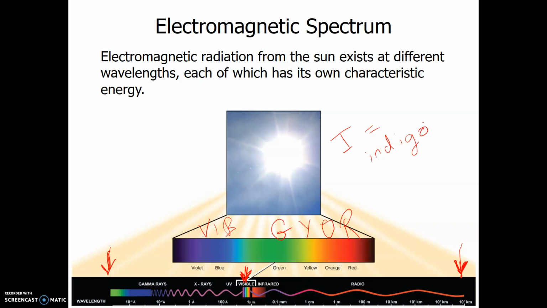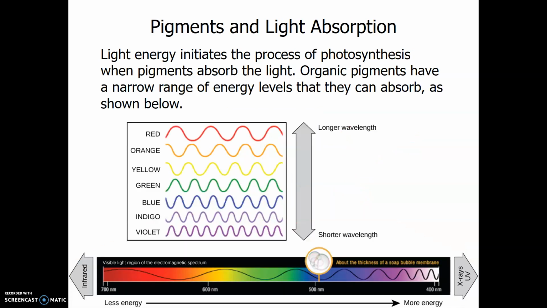Okay, so the colors from the shortest wavelengths to the longest wavelengths: the colors on the left end have the shorter wavelengths but the greater energy. And then red would have the longer wavelength but the least amount of energy. And this explains what I was just showing you, that red has the longer wavelength.